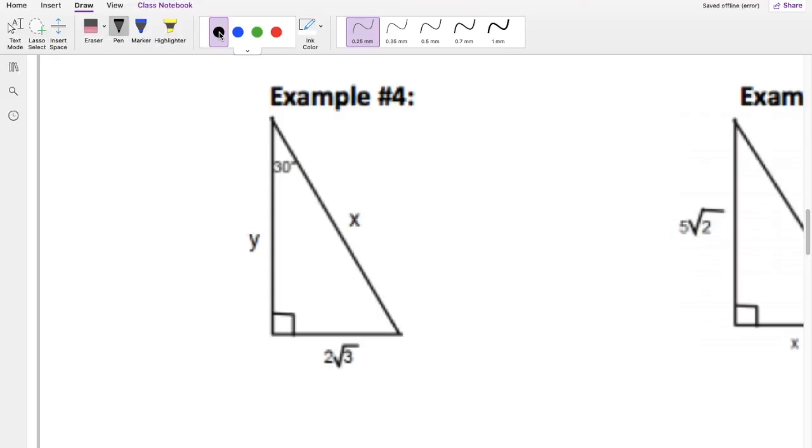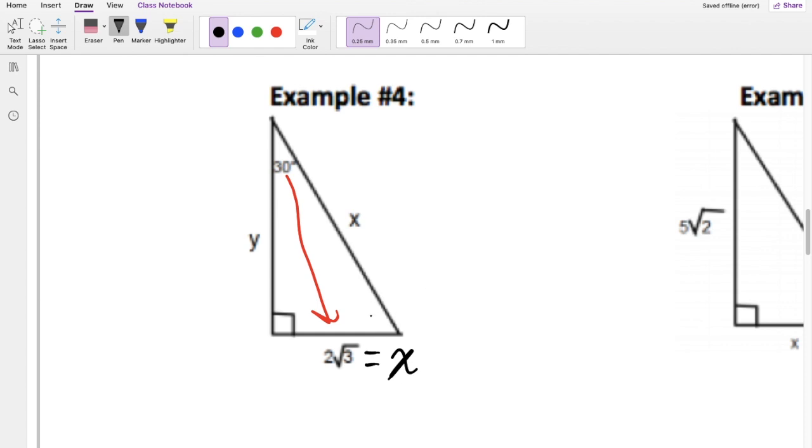So here is an example. You can see that we are given the opposite of this 30 degrees. The opposite of 30 degrees is always your short leg, so this is going to equal that. I'm going to make it a cursive x.